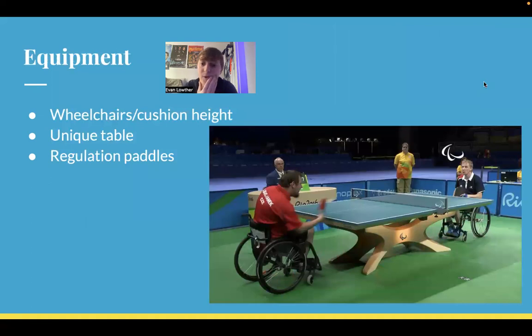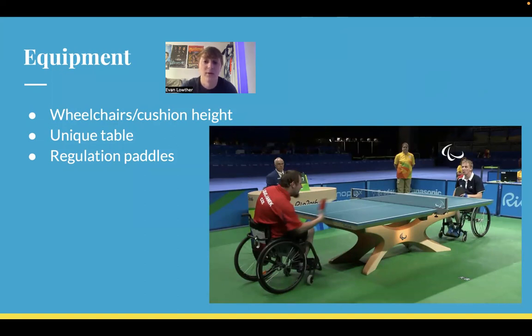For the equipment for Paralympic table tennis, the first thing I want to talk about is wheelchairs and their cushion height. As you can see in this picture, the athletes are very low to the ground in their wheelchairs, which is because the cushion height limit is only 15 centimeters. Anything above that is a violation and they won't be able to play. Also, as you can see in this picture, it is a very unique table, like we talked about in class.